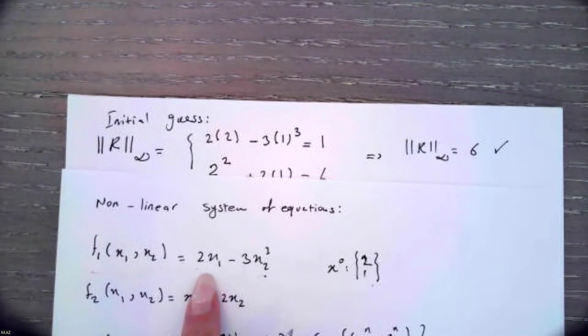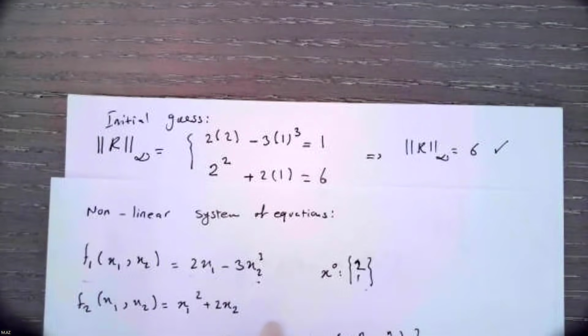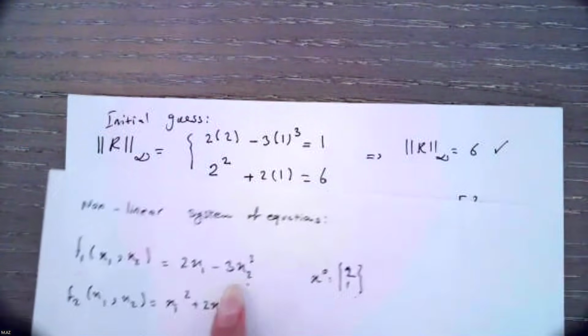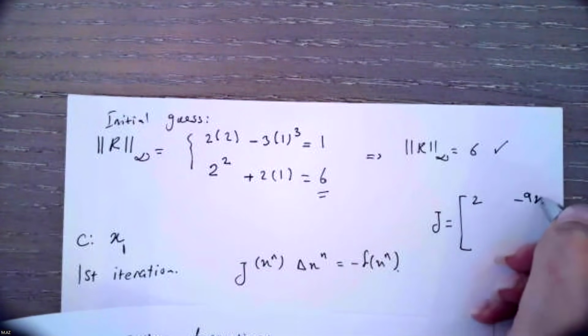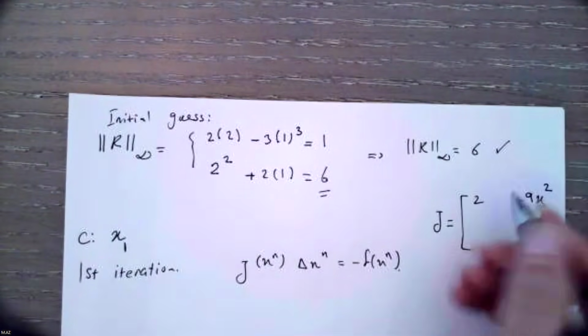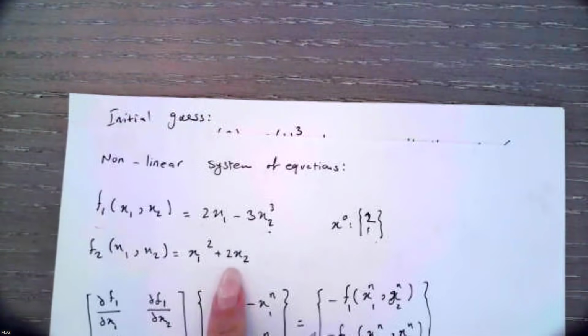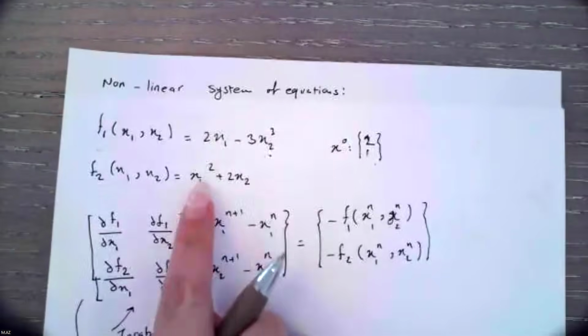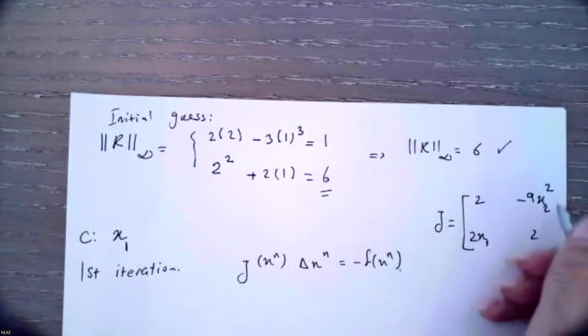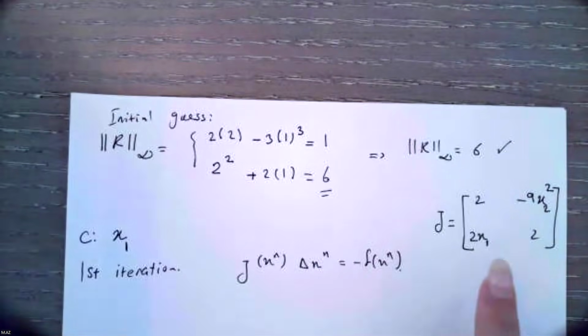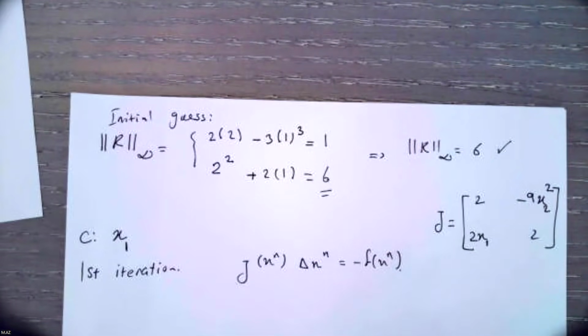The partial derivative of equation 1 with respect to x1 is 2. With respect to the second variable is negative 9 x2 square. This is 2x1, and the partial derivative of equation 2 with respect to the second variable is 2. Okay, this is the Jacobian matrix for these problems.